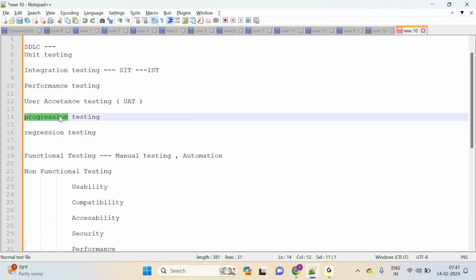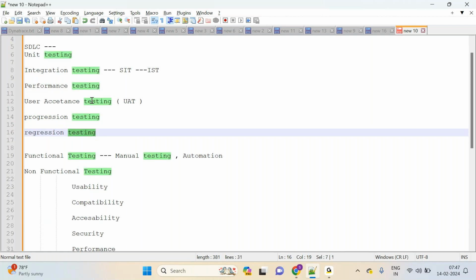So what is progression testing and what is regression testing? When you are giving a new functionality for the first time, and you do the testing at that time, that is called progression testing. The first time the code is ready and the functionality is ready, that time you are testing is called progression testing, be it functional testing or non-functional testing.